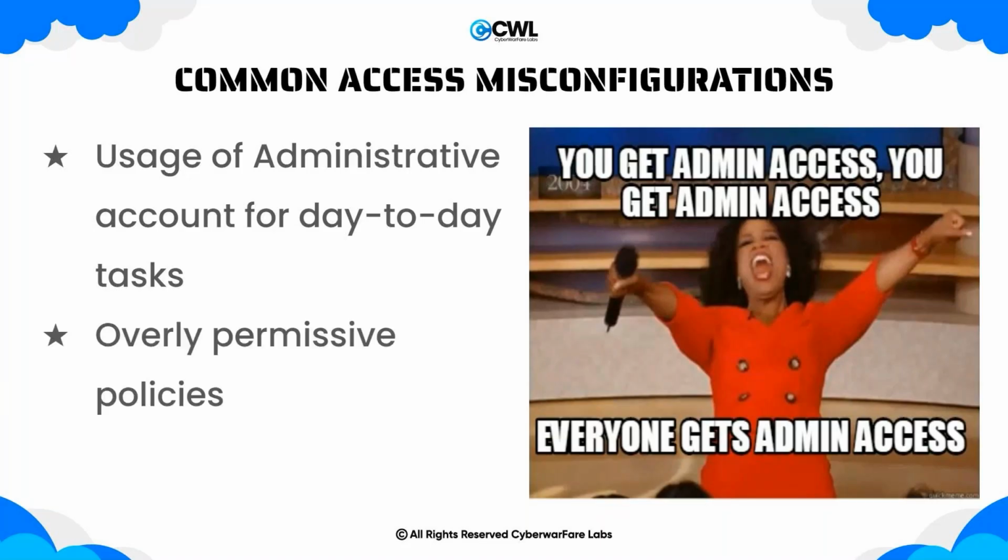Another is overly permissive policies. It actually happens when you are using the policies that are provided by the cloud provider. By default, they are overly permissive. And if you're using some of these policies or rules, you will get access to a lot more than is required by your use case. So let's take another example.